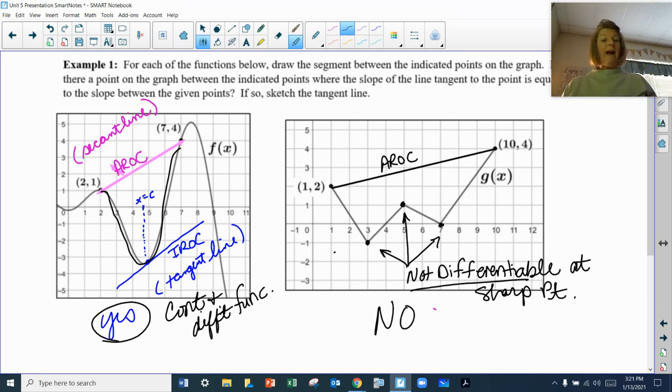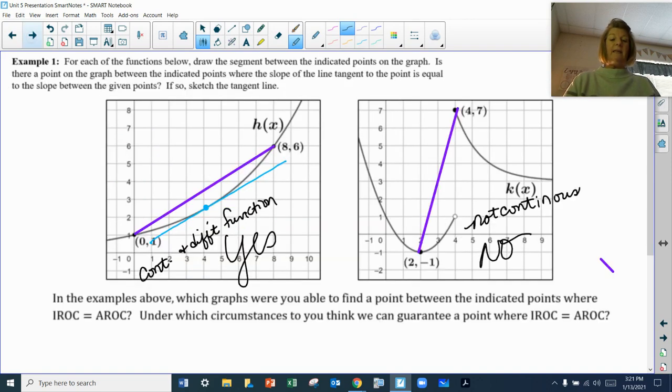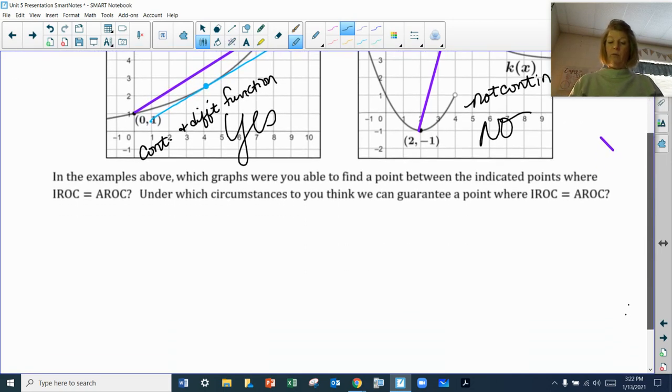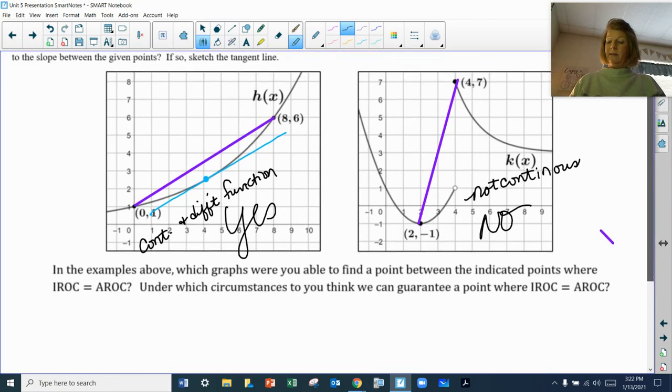So I think we've got a pretty good idea of what it takes to guarantee that AROC equals IROC. In the examples, under what circumstances do we get this guarantee?